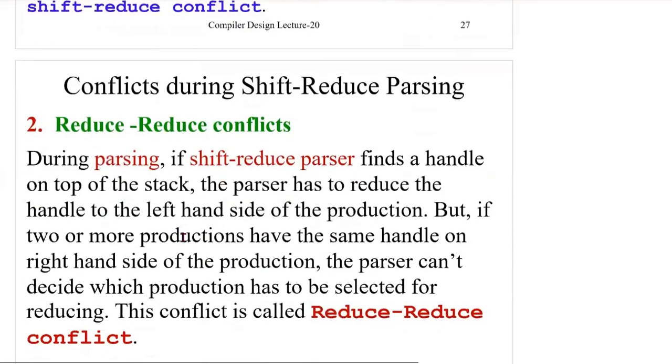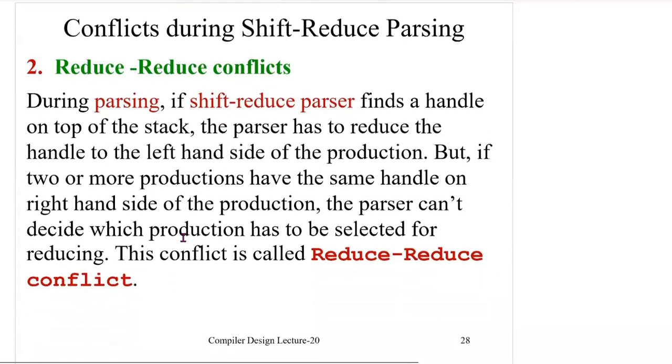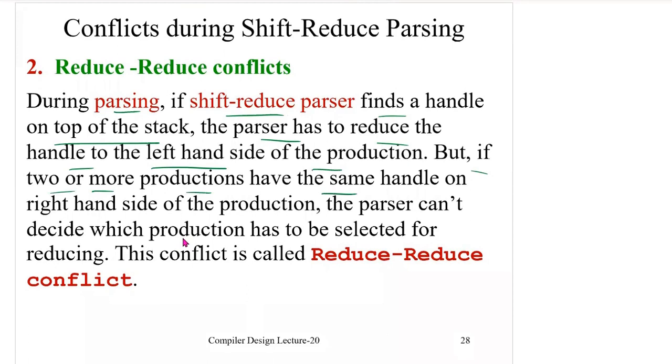Then the second one, the reduce-reduce conflict. Again, during parsing, if the shift-reduce parser finds a handle on top of the stack, the parser has to reduce the handle to the left-hand side of the production. But if two or more productions have the same handle on the right-hand side, suppose we have E derives T, and F also derives T. Now for the handle T, we have two left-hand side headers.